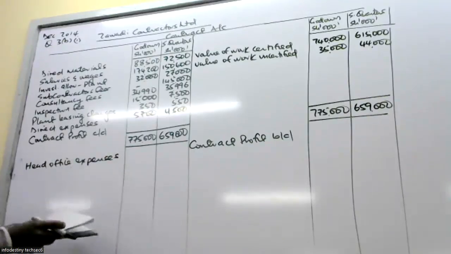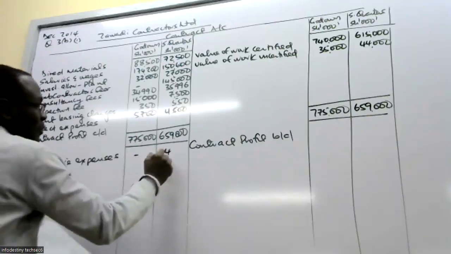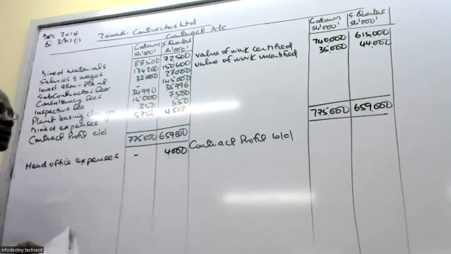So the office expenses is not a direct cost, so we charge it. So we need to get the profit by deducting the direct expenses.